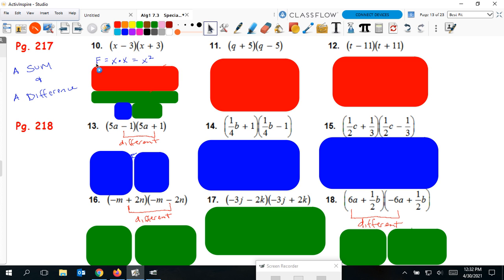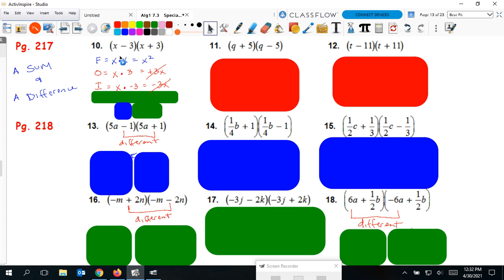For our first part, we could think about doing it with FOIL. I'm just going to show you what we would see if we did this one with FOIL. The first terms would be x times x, that's an x squared. The outside would be x times 3, which gives you positive 3x.